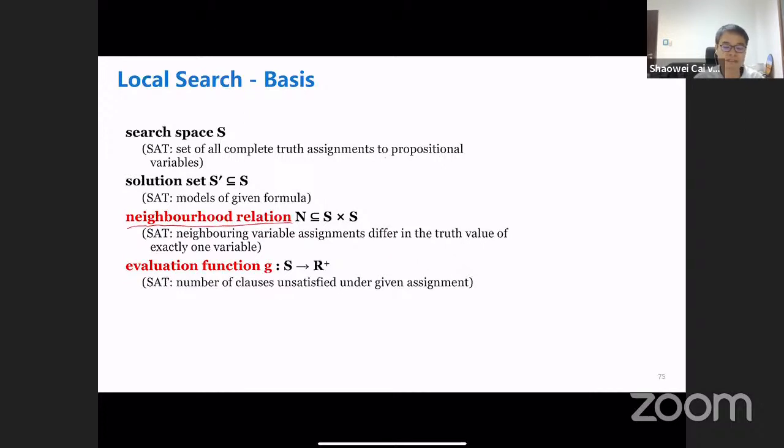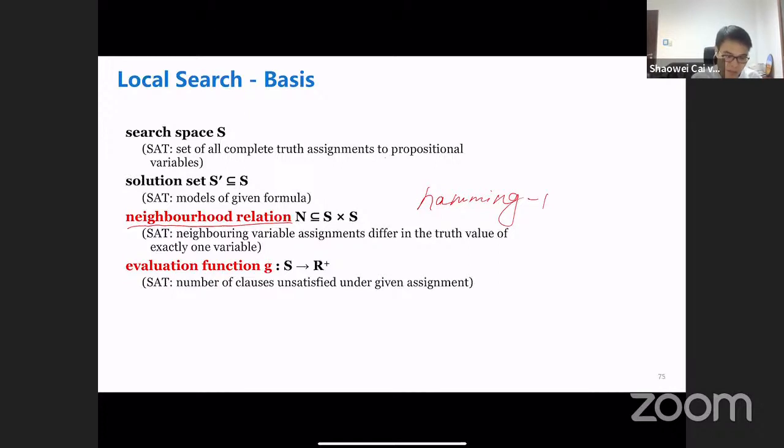We can define different neighborhood relations, but typically local search algorithms use the Hamming distance one, which means that only one variable has a different value. By using this neighborhood relation, we can organize the space of complete assignments into a network.